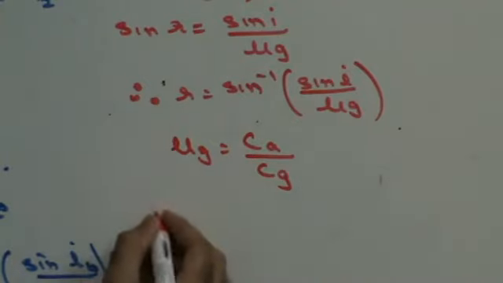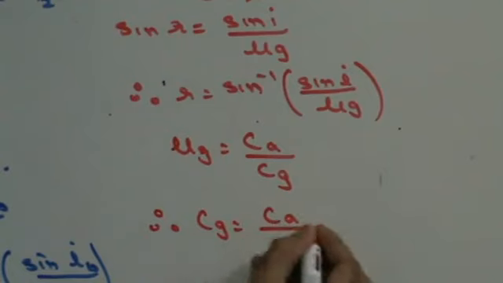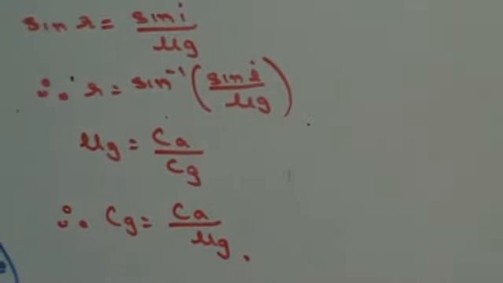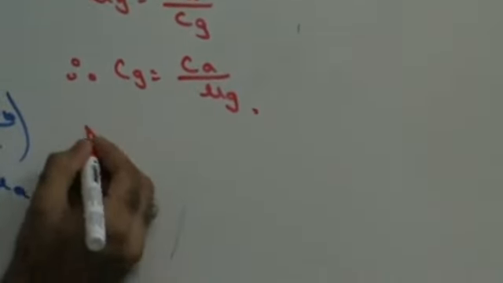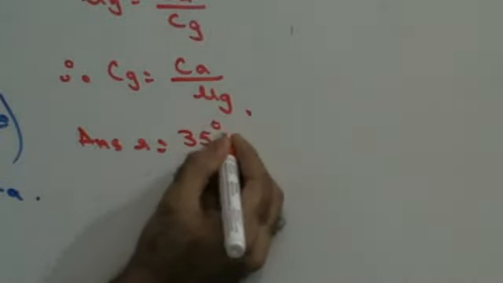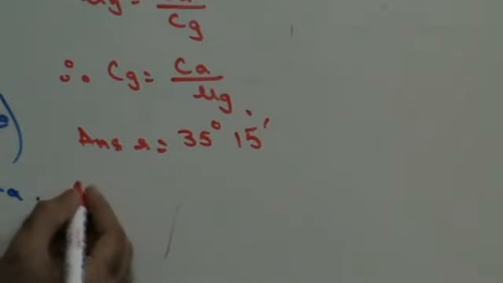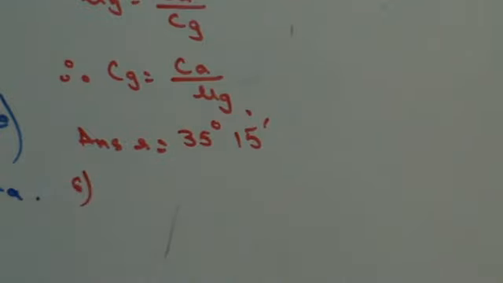Therefore, the velocity of light in glass is the velocity of light in air upon the refractive index of glass. So you should get the angle of refraction as 35 degrees 15 minutes, right? And the velocity you'll have to calculate. I haven't calculated it. Take down the next sum please.